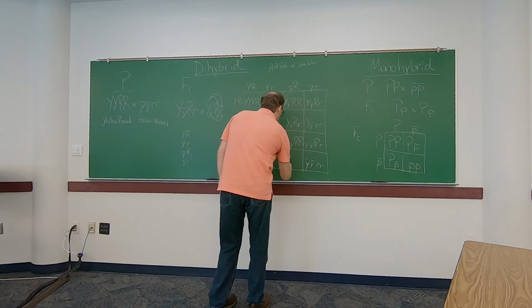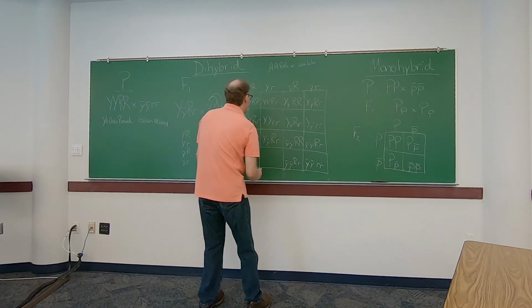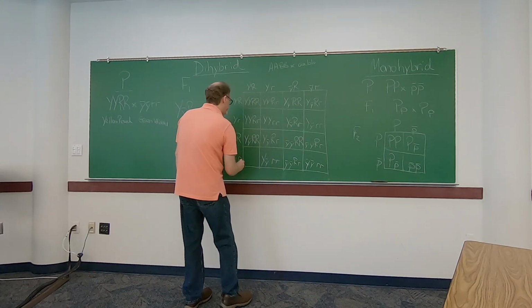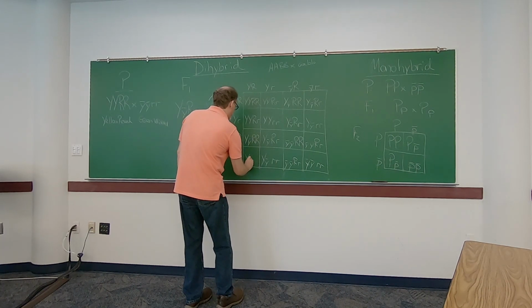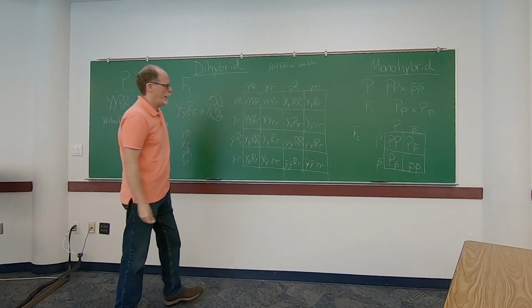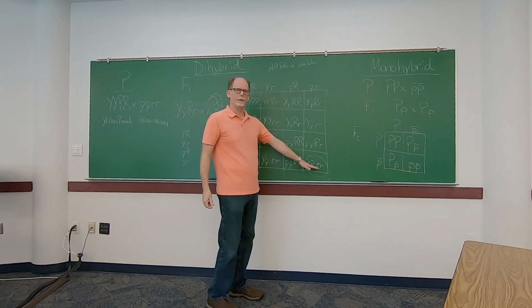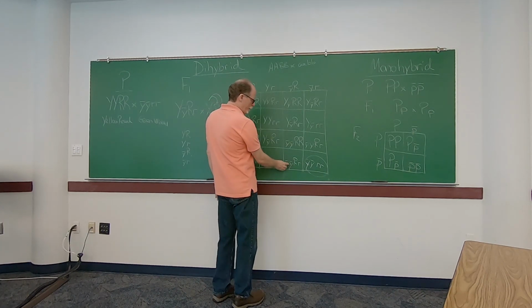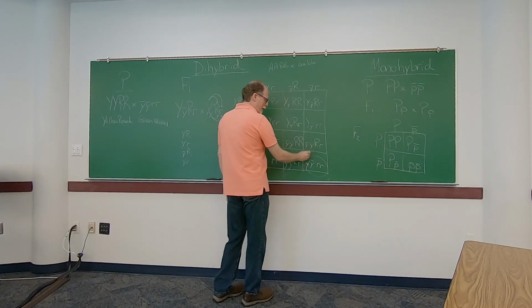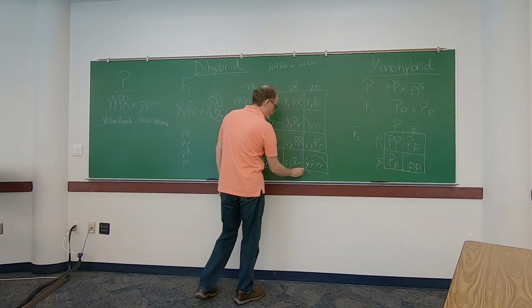You have a little y, big R, little r, big Y, little r, and you have big Y, big R, little r. So what happens is this one has both recessive. And then all of these have little y's. That's one recessive, one dominant. That's three. These three are all similar.